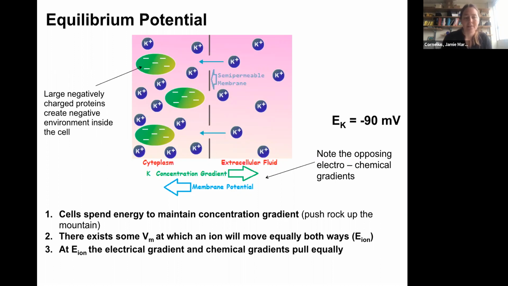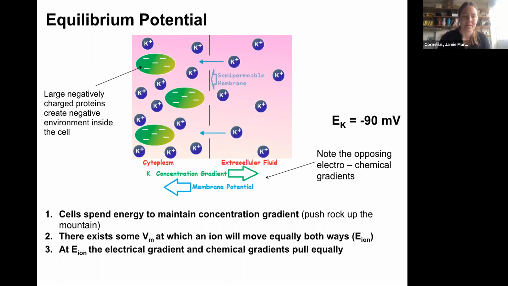And essentially when you reach that membrane potential, that charge difference, then both the concentration gradient and the electrical gradient are pulling equally in opposite directions. So if we look at our example here on the screen, let's see if I can draw one here.